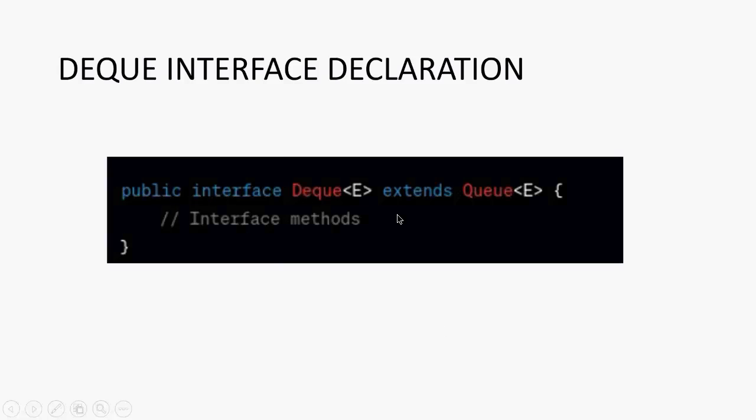This is the syntax of declaring a Deque interface, which says public interface Deque extends Queue, where since the access specifier is public, you can access this interface from anywhere in the class, and since it extends Queue, you can also use the methods that belong to Queue.